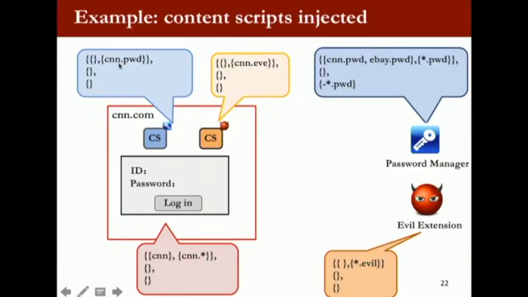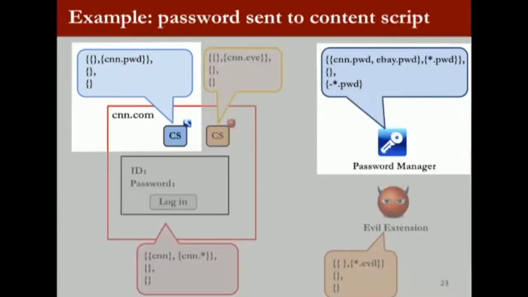Now I want to show you the step where the core of the password manager reads the password from local storage and tries to send it to the content script to be injected. Here we actually need to do a label check, because information is being sent from the core to the content script, right?